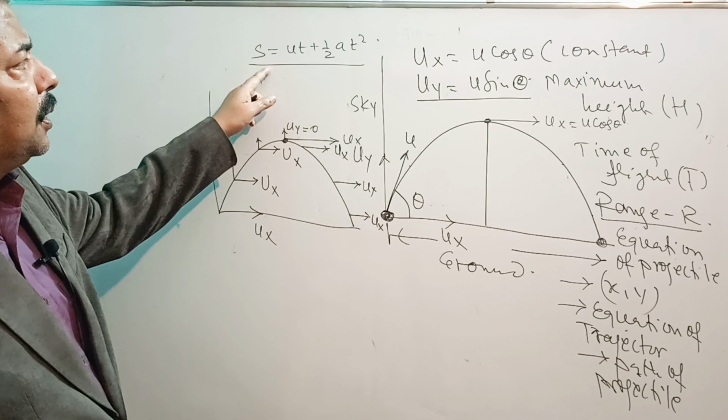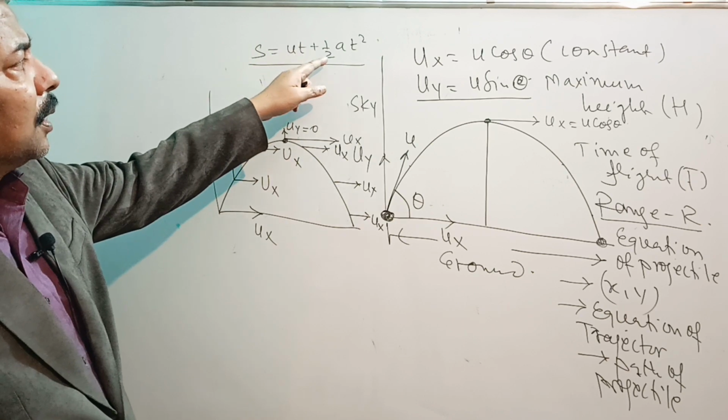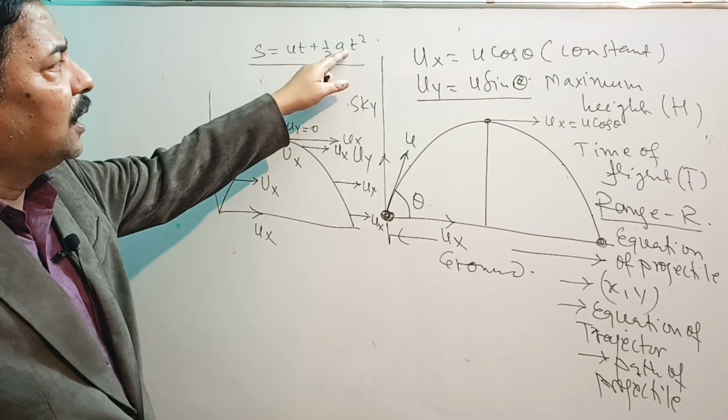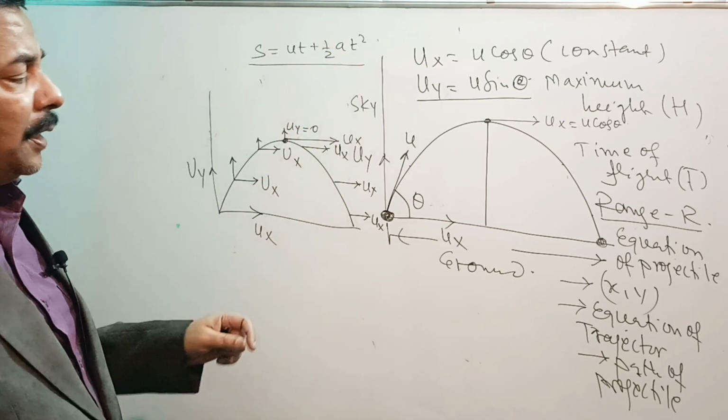S is your displacement, u is the initial velocity, a is the acceleration, t is the time.